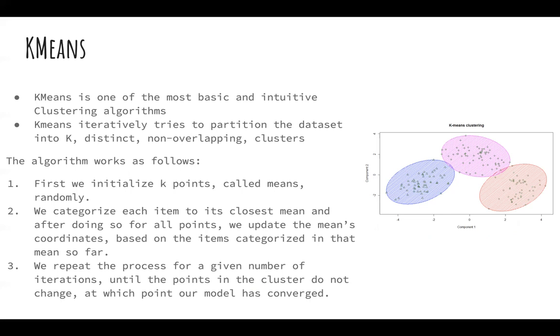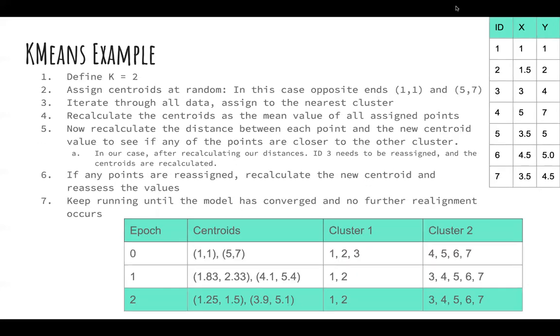Then you go through your data again and see if, with this new centroid, all the values are still the same or if they've shifted. If they shift, you recalculate. You keep going until you've converged on a stable division of your data. So let's look at a real example of this.